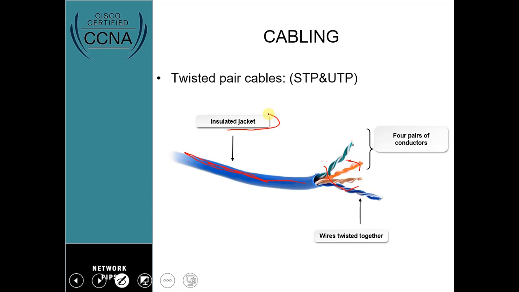We also have something like a PVC pipe that runs down through it and separates the cables. That's why it's called twisted pair cables. Inside of it you have your copper wires, which are used for transmitting data.